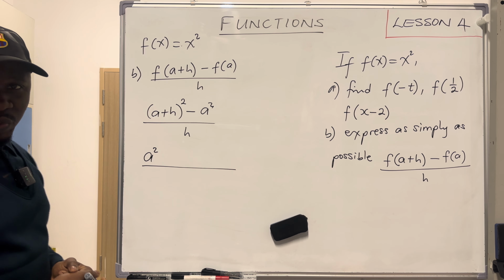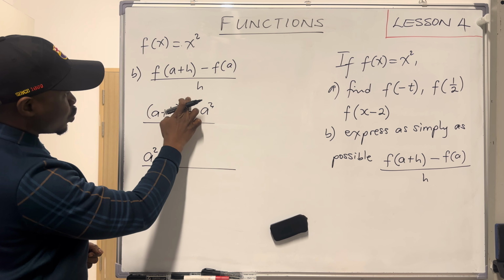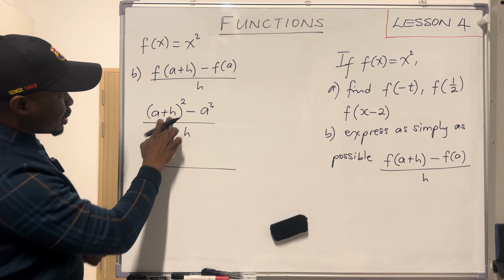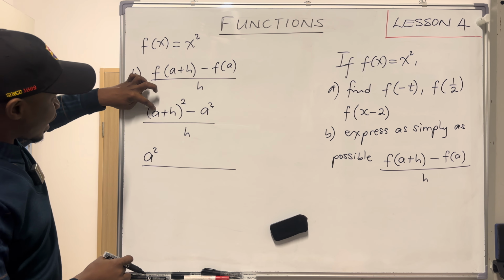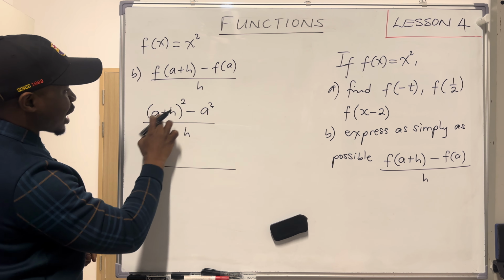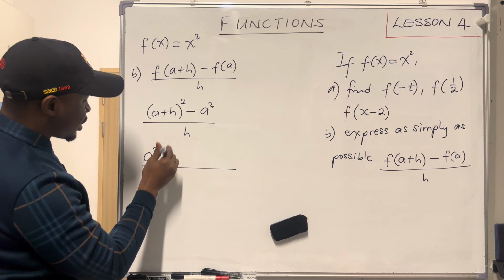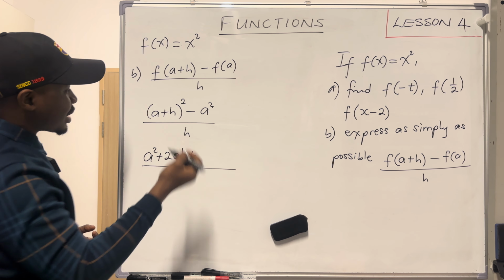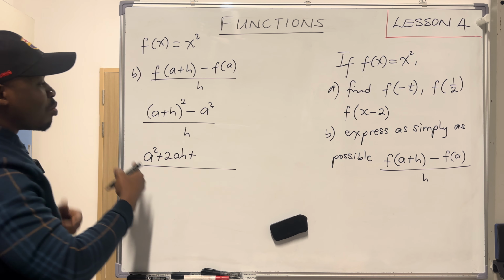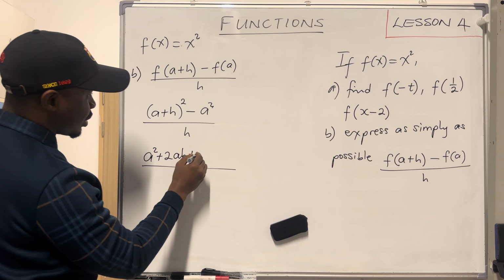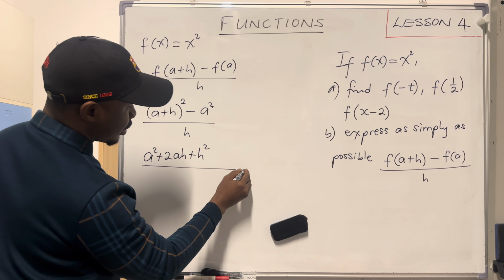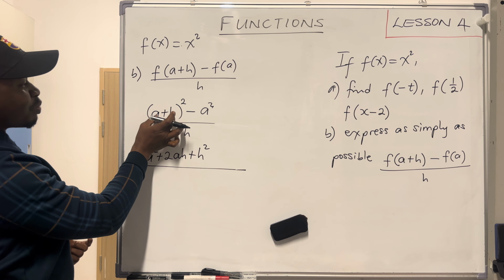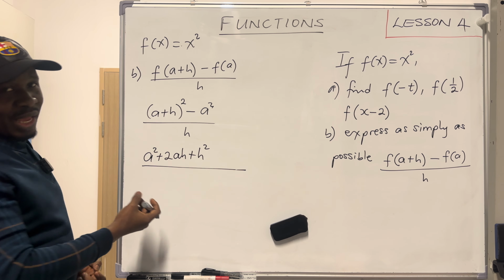Then 2 times a times h, so 2 times a is 2a, times h is 2ah. We started with a squared and we must end with h squared. This is how we expand two terms with a square.